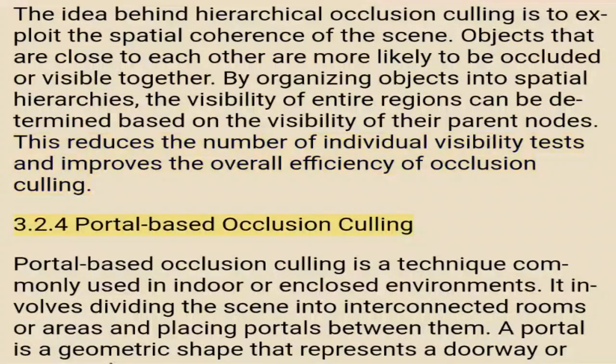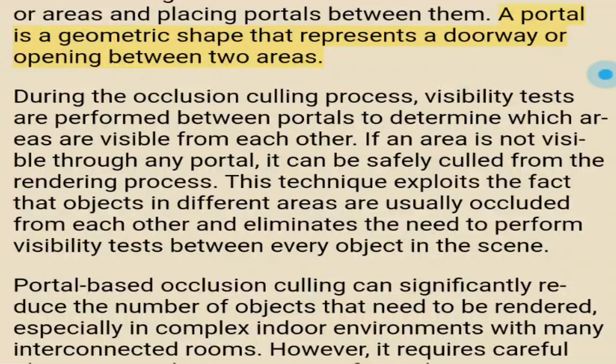3.2.4 Portal-based occlusion culling. Portal-based occlusion culling is a technique commonly used in indoor or enclosed environments. It involves dividing the scene into interconnected rooms or areas and placing portals between them. A portal is a geometric shape that represents a doorway or opening between two areas. During the occlusion culling process, visibility tests are performed between portals to determine which areas are visible from each other. If an area is not visible through any portal, it can be safely culled from the rendering process.